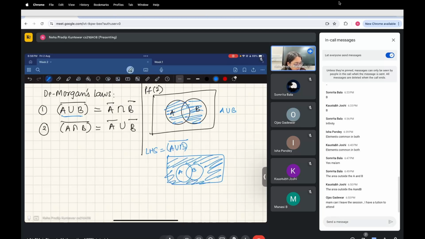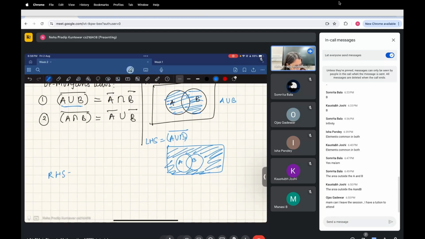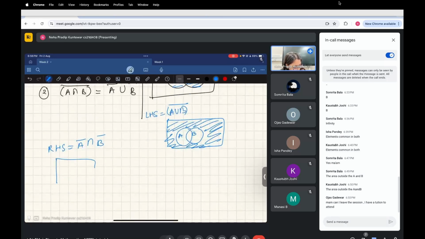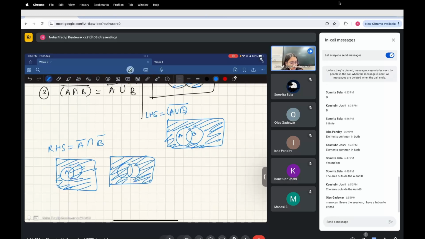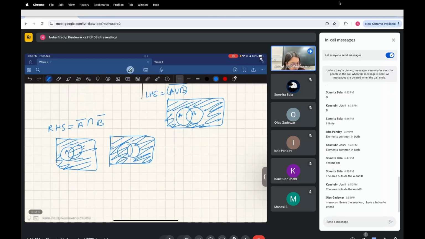Okay. And on the RHS you have A bar intersection B bar. A bar is precisely this area which is outside A, B bar is this area which is outside B, and when you do the intersection of that, the area that is outside both the circles is what is common to them.